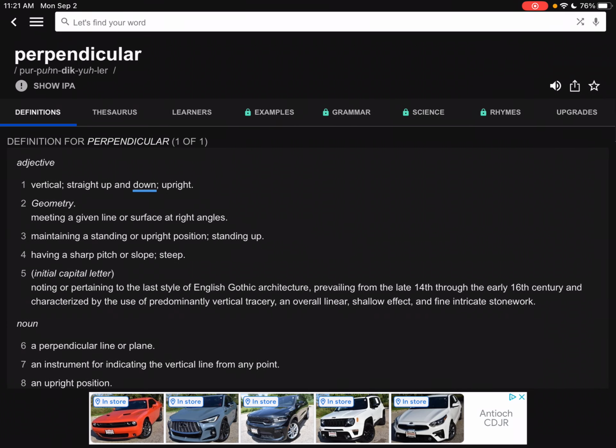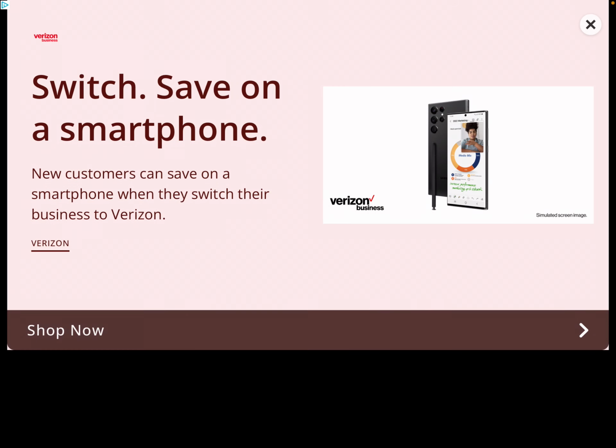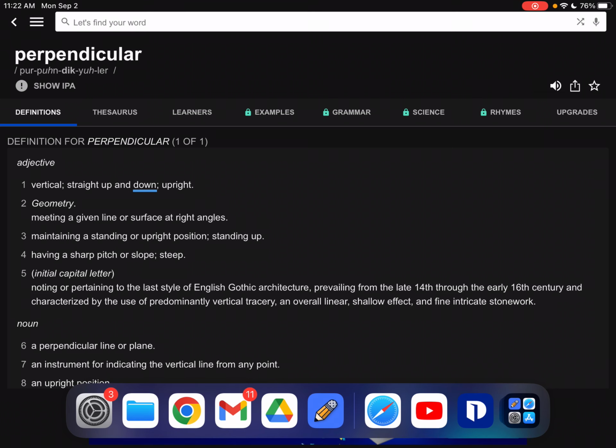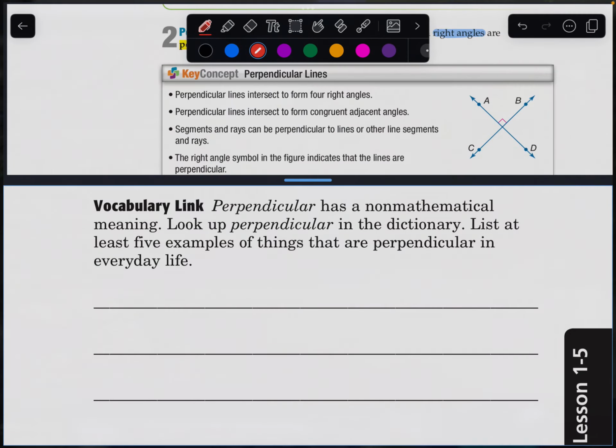Upright. We also have the geometric, given line or surface at right angles. Number 3, maintaining a standard or upright position, standing up. Okay, vertical, upright, right angles to things. To me, this really describes walls.